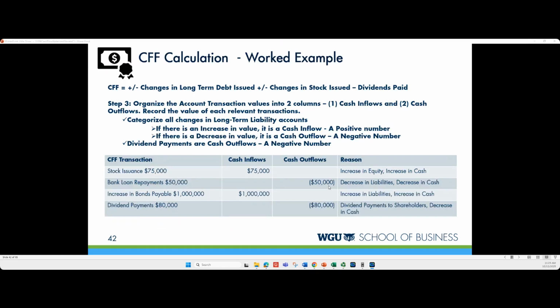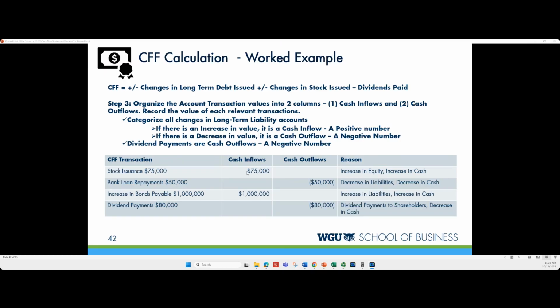Okay, so then our next step. Let's organize all of the transactions in our changes in long-term liability and equity accounts, and then categorize our cash inflows as positive numbers, our cash outflows as negative numbers. So our stock issuance, yes, we're going to have a cash inflow because we're increasing the amount of cash we've generated from investors.